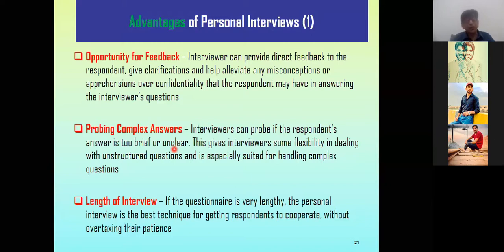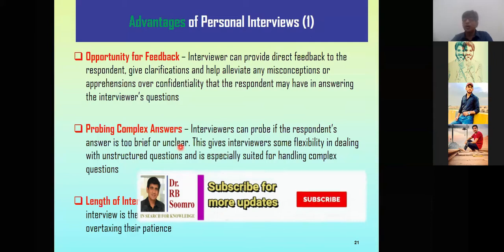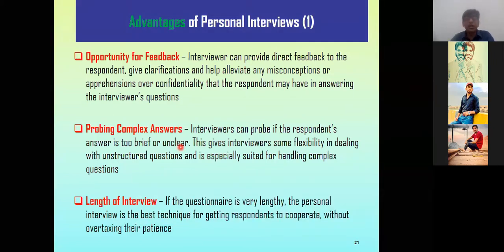For example, if you want to ask about satisfaction with the product being used, you can ask: why are you using this product, what is the benefit of this product, since how many days or months are you using this product, why not other products. So you can ask different questions from your respondent and probe him. You can investigate regarding your product and the services of your organization.